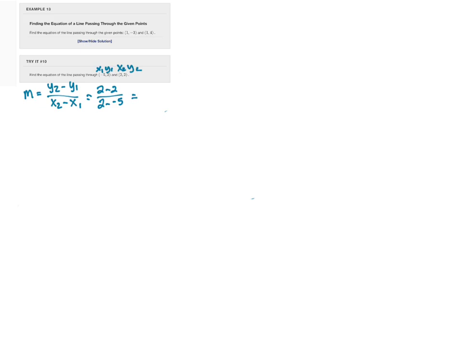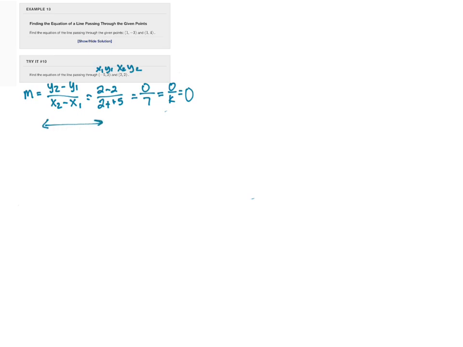It's my y's. 0 on top. I got a 7 on the bottom, right? But who cares? 0 divided by 7 is okay. What's my slope? If 0's on top, it's okay. Slope is 0. What that means is it's a horizontal line.